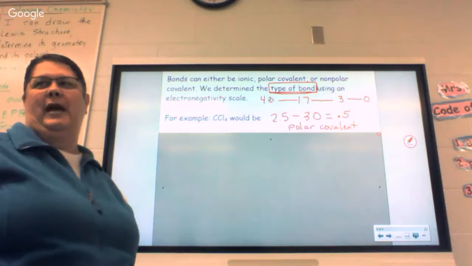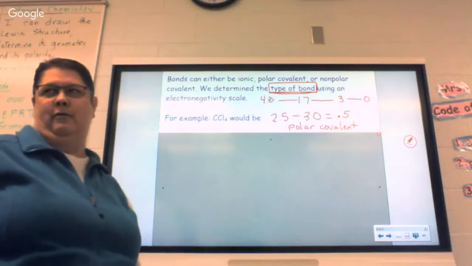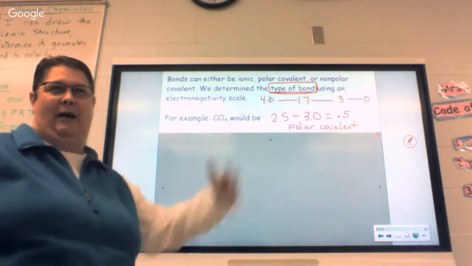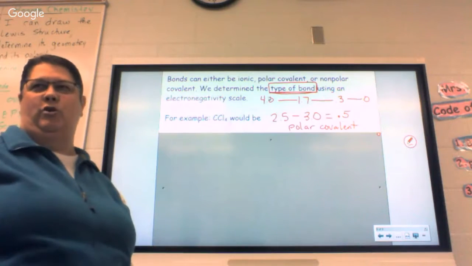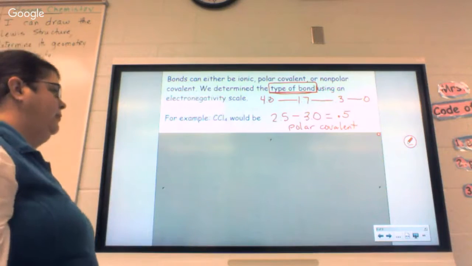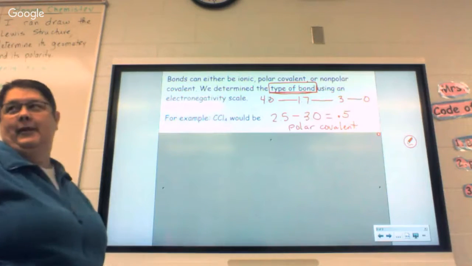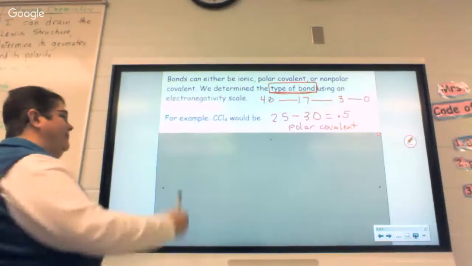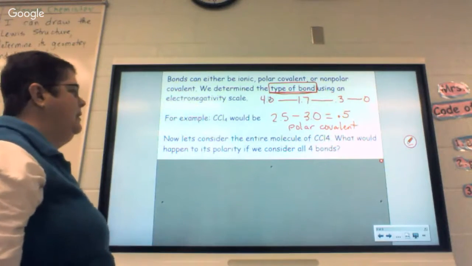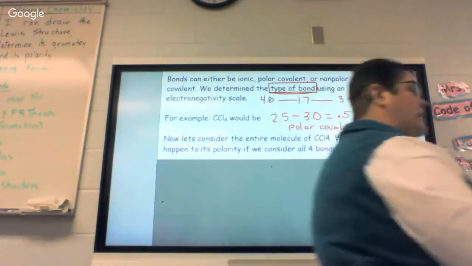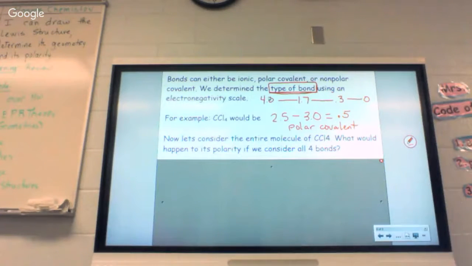Now, we've got to take what we know there, and we've got to branch out, okay? We've got to take what we know, and we've got to become more sophisticated. It is possible. Now we want to consider the whole molecule, not just one itty bitty bond.